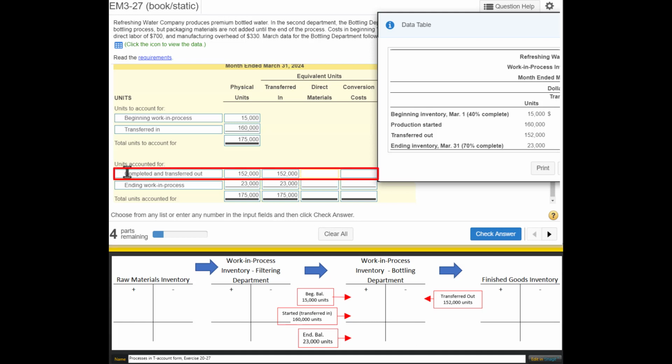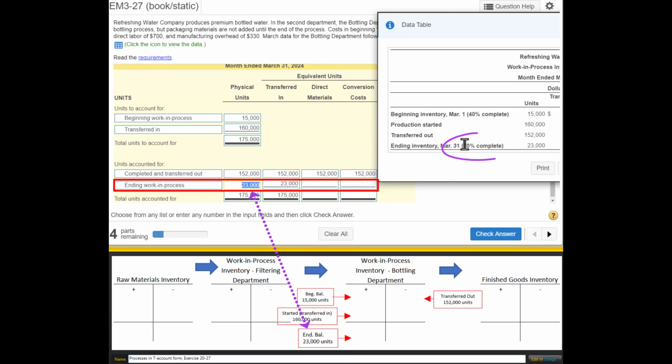Now let's talk about the 152,000 units that were completed and transferred out. Because they were transferred out, that means they're completed. That means 100% of their costs are accounted for. Now let's talk about these 23,000 units that were in the ending balance and therefore unfinished. They're 70% complete. So let's talk about just direct materials.